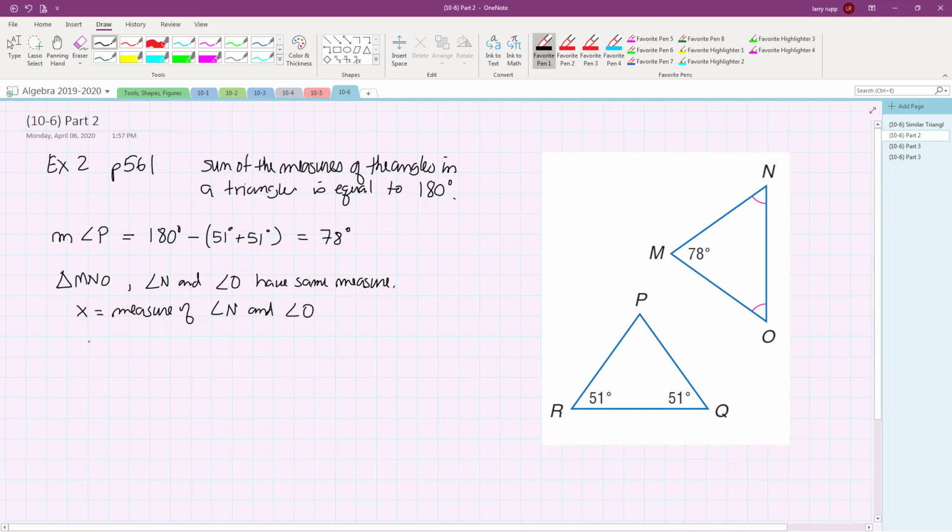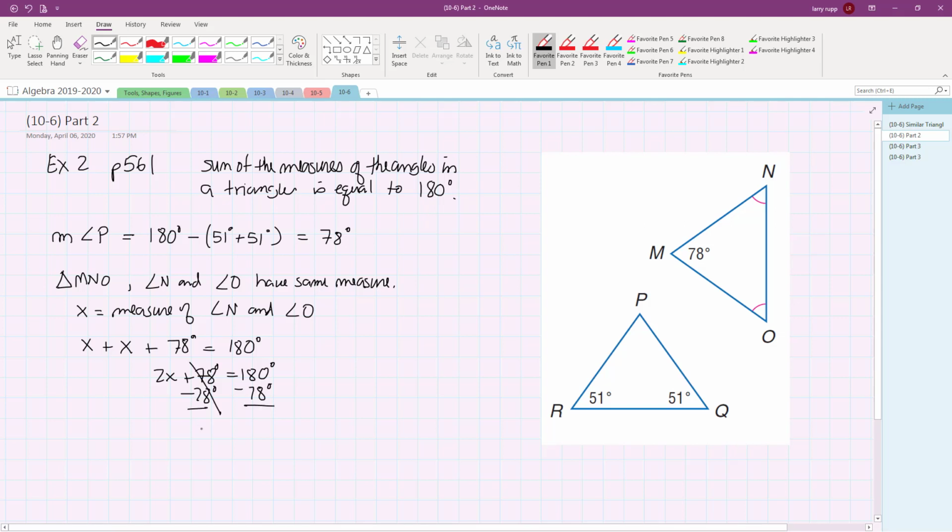Okay, then that means that the measure of angle N plus the measure of angle O plus 78 degrees has to equal 180 degrees. Just like a regular equation, we add the two x's together and we get 2x plus 78 degrees is equal to 180 degrees. We subtract 78 from both sides.